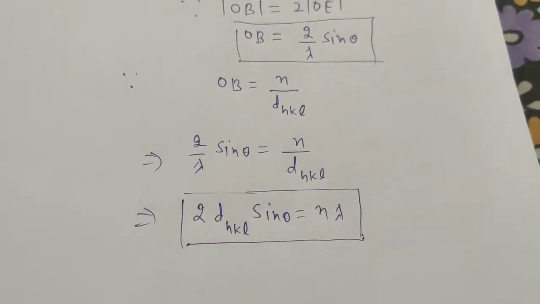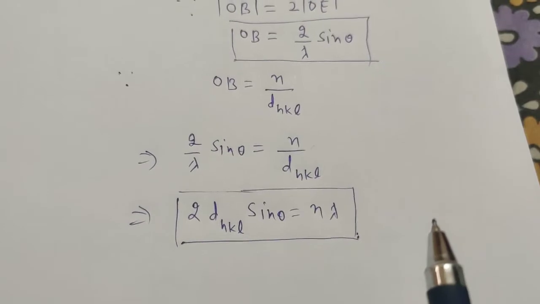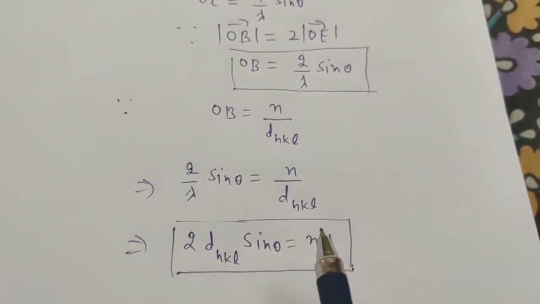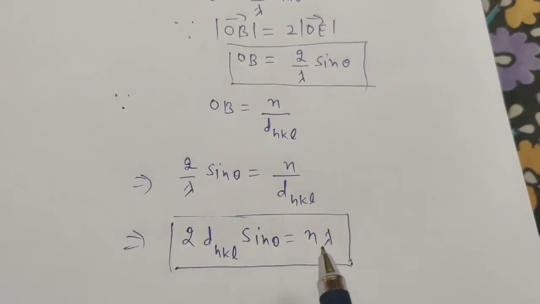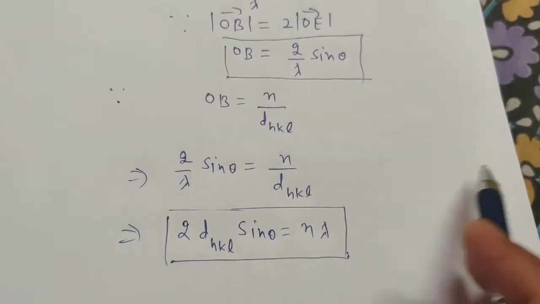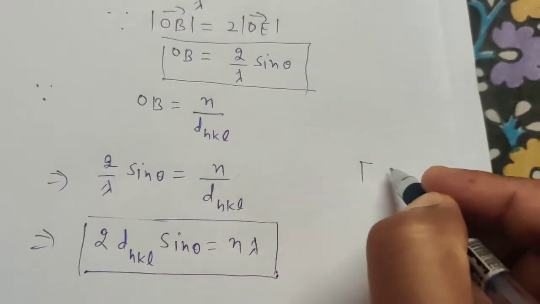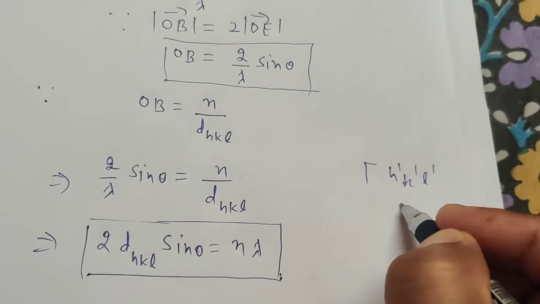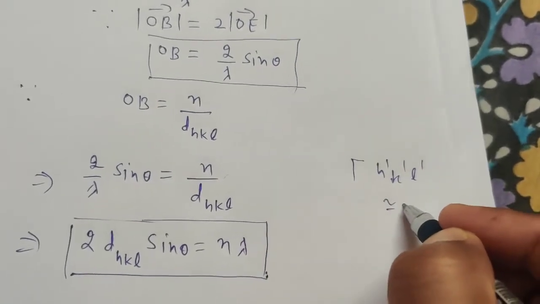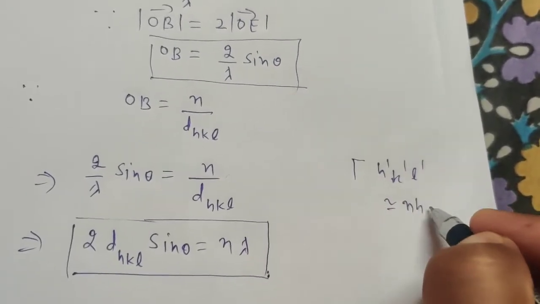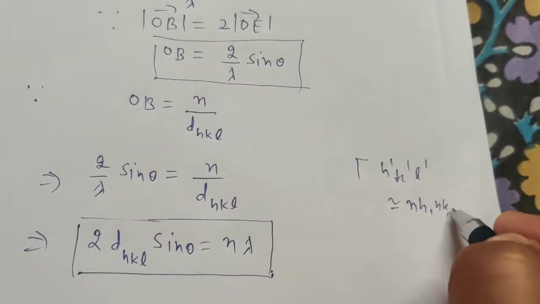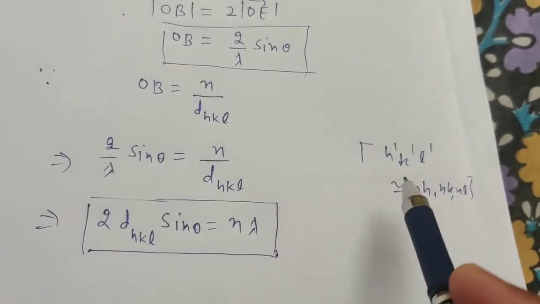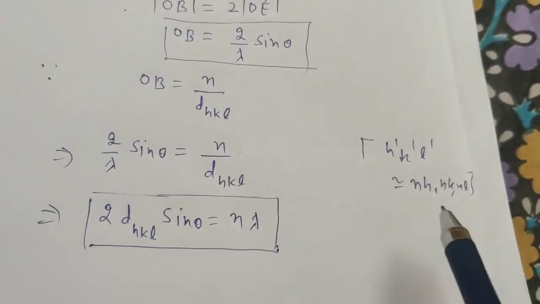There is one point worth remembering in the reciprocal space, where n was the largest common integer between the integers H dash K dash L dash, which are related to your simple indices by n, that is nH, nK, nL.